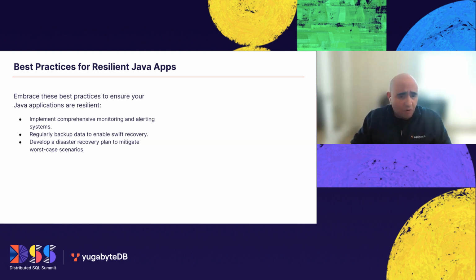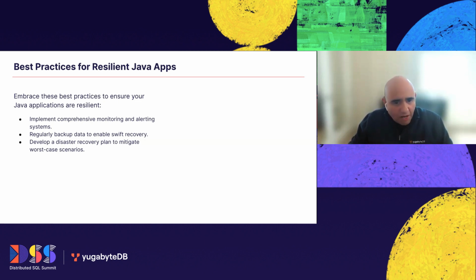As we saw in the demo, your complete Oregon region was taken off the grid, and your application still kept functioning without a hitch. So these best practices are your guiding principles for maintaining the resilience of your Java application.